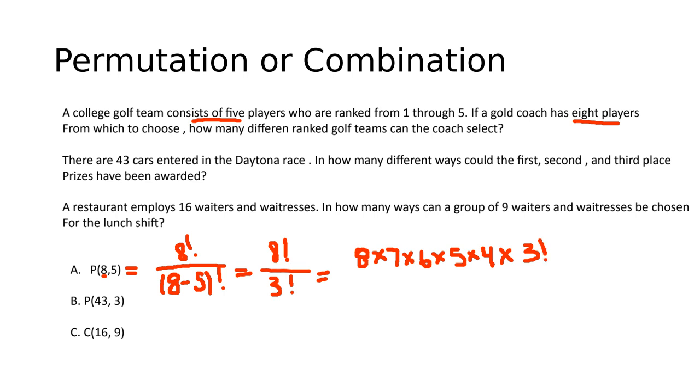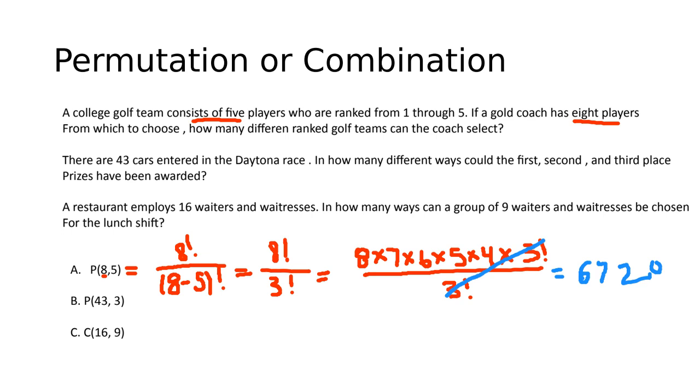By doing it this way, I know that 3 factorial divided by 3 factorial is 1, and so I'm just left with 8 times 7 times 6 times 5 times 4. I think this is 6,000. Let me double check this with my calculator. 8 times 7 times 6 times 5 times 4 is 6,720 ways that the coach can select the team. Okay.